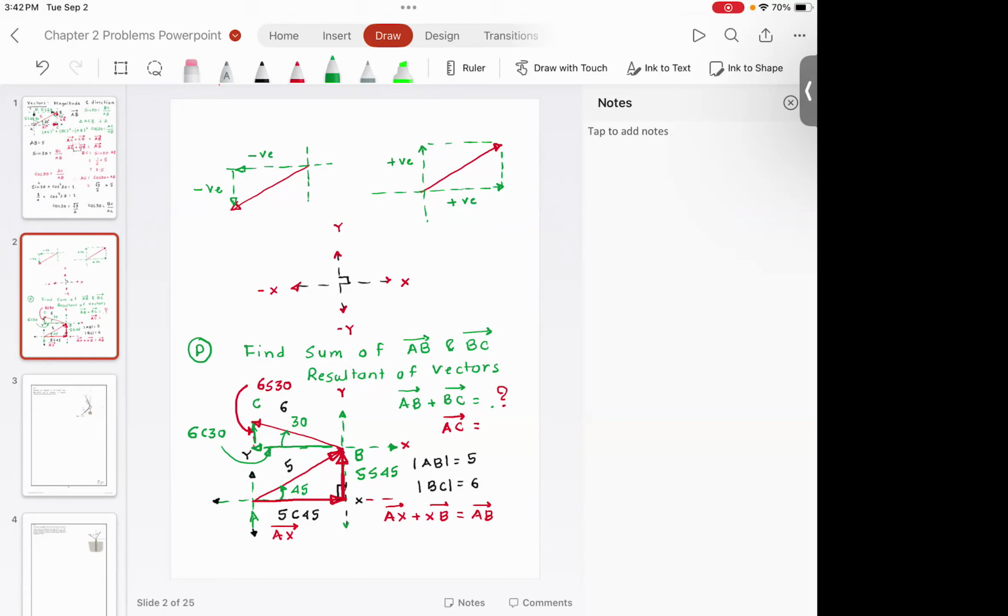That's why this component is positive. I will write this down here. You agree with me? The component of this vector in the vertical direction is in the same direction as positive y. So this is positive. Everyone understood this?